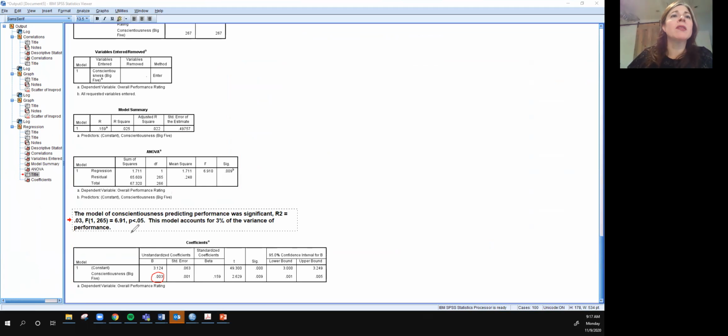And we would write this as B equals 0.003. Typically, we wouldn't go 3 decimal points, but this is what this is. Now, our standardized beta weight is, and this should have a little tail, equals 0.16, rounding up.